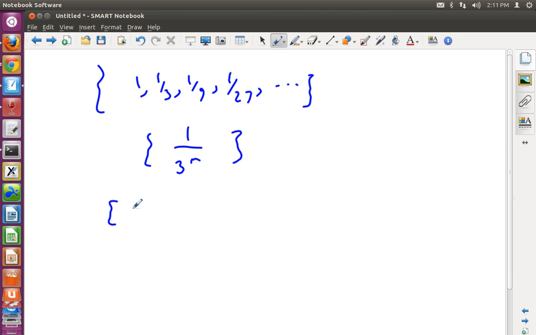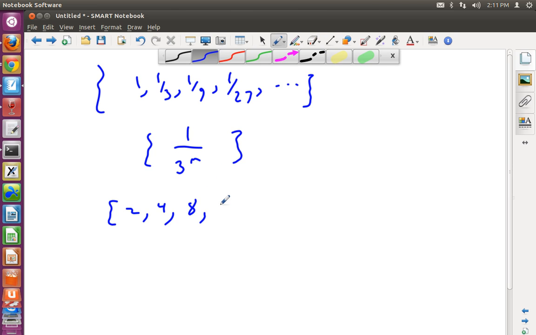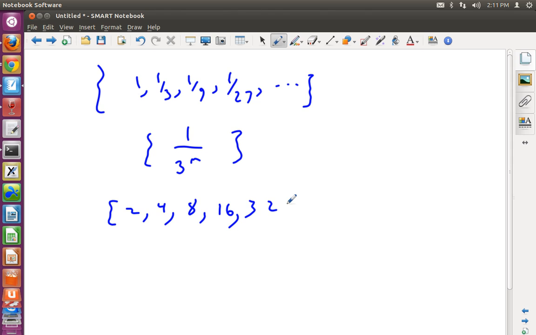Let me make up something. What is 2, 4, 8, 16, 32? Is that geometric, arithmetic, or neither? Geometric, because it's powers of 2. But I meant to write 2, 4, 6, 8, 10.